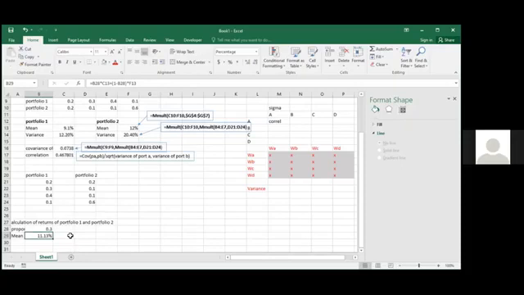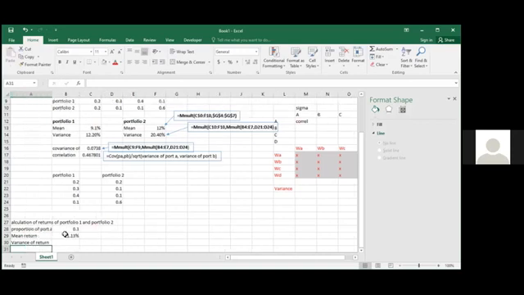Then the variance of return. Considering the two-asset case, we can enter the equation.